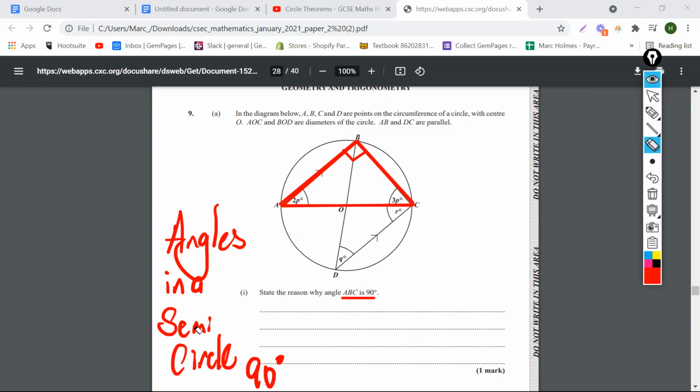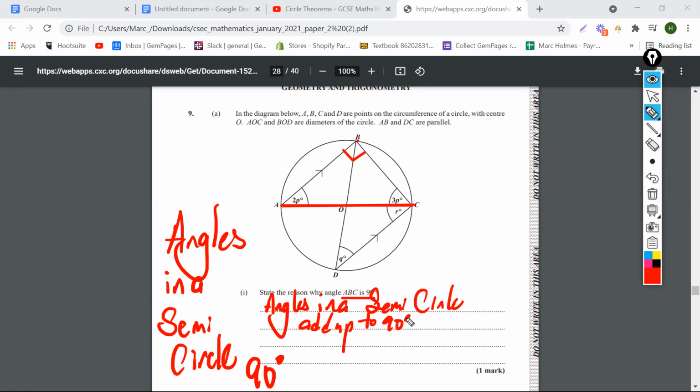So angles in a semicircle add up to 90 degrees. That's what you'd write. So for your 1 mark, just say angles in a semicircle add up to 90 degrees. Cool. That's the answer for that one.